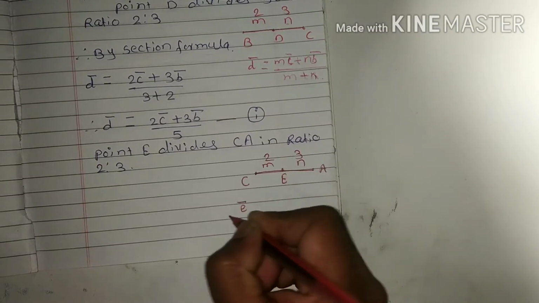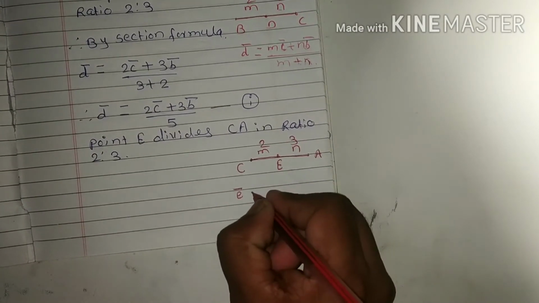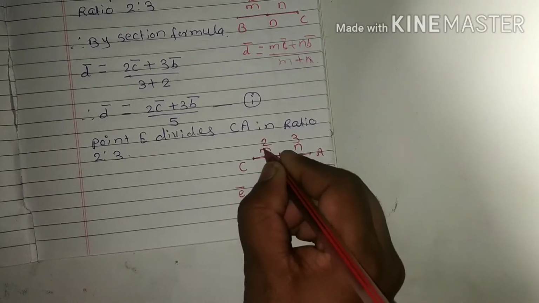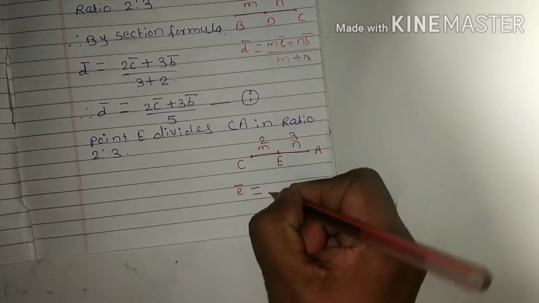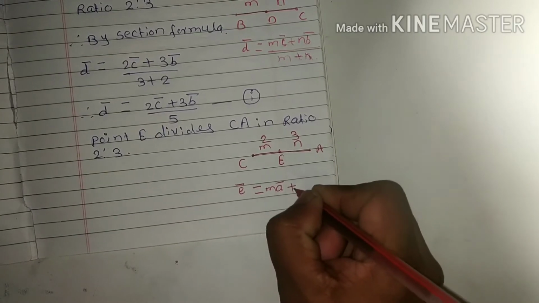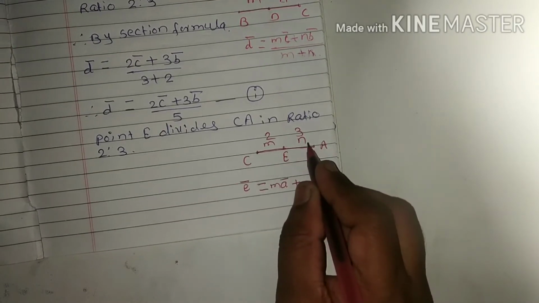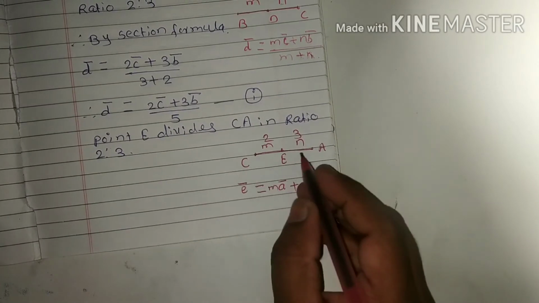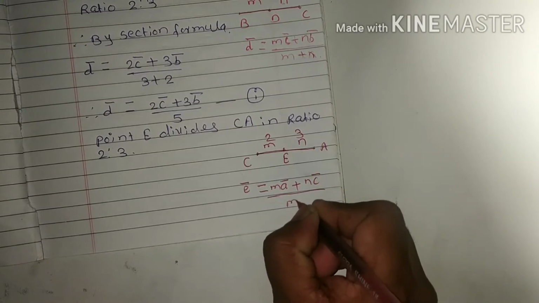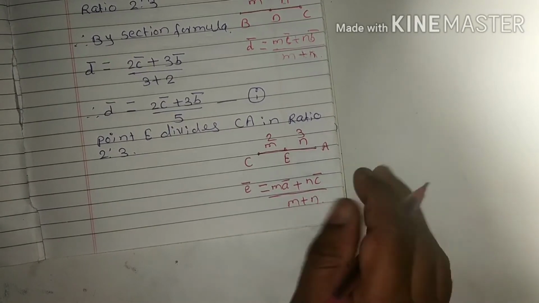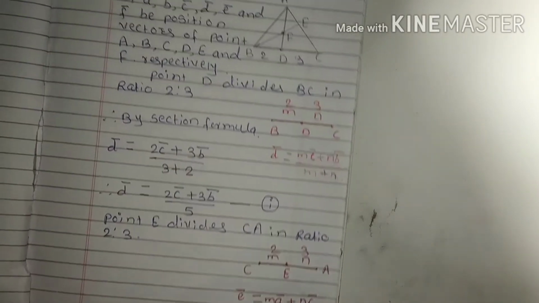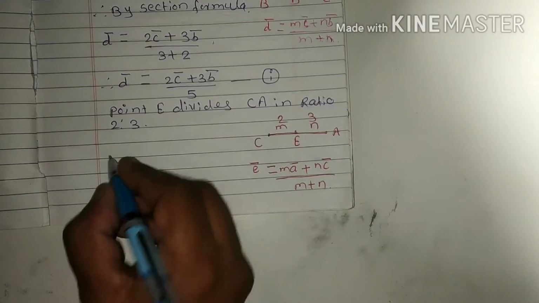Then we find the position vector of E: e bar is equal to m into a bar plus n into c bar divided by m plus n. We use this formula, that is the section formula.